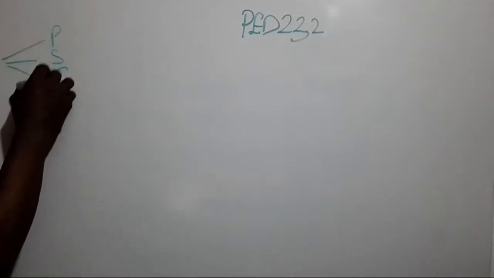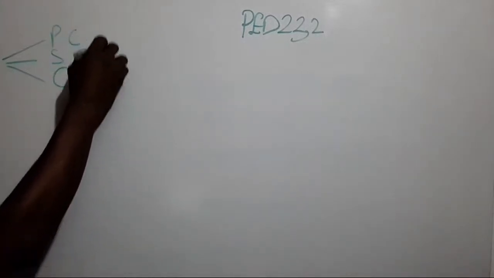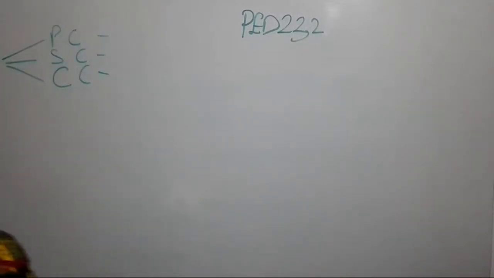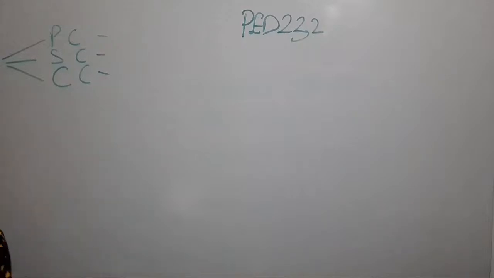That is three main groups of color. Now, when we say the primary colors, all colors can be obtained from three basic primary colors. And these primary colors are red, blue, and yellow.